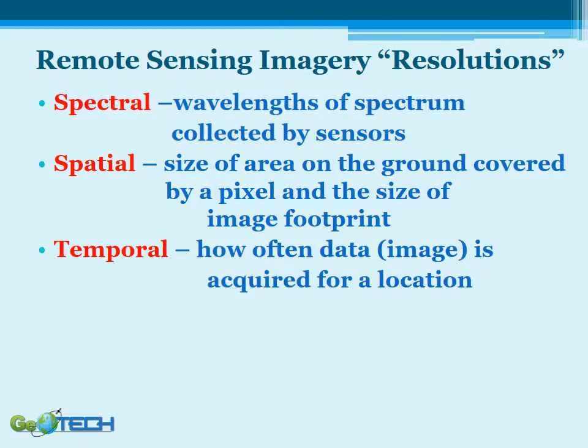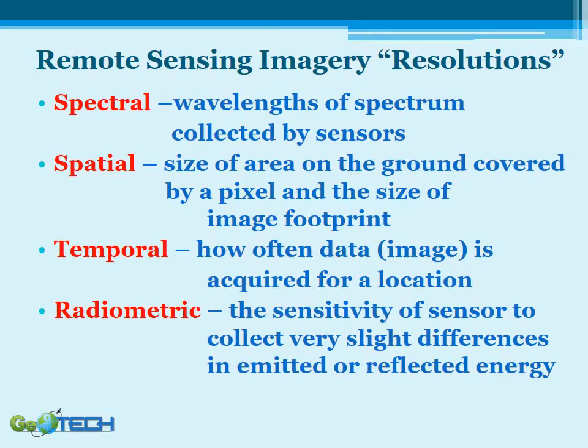Temporal, is it a one-shot time that this image will be collected, or is it going to be able to be collected from data from the past, or weekly, monthly, yearly? So it's the temporal, the time that location is being observed.